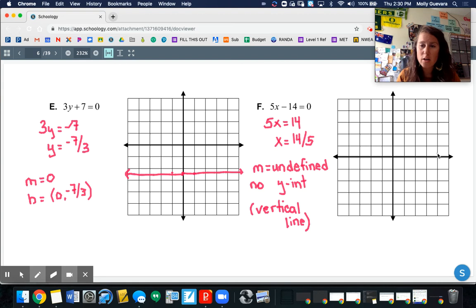So all I know is that it's crossing at 14 over 5, which is just under 3, right? 15 over 5 would be 3. So it's just this vertical line. That was a subpar vertical line. Hopefully you did better. So vertical line at 14 over 5.